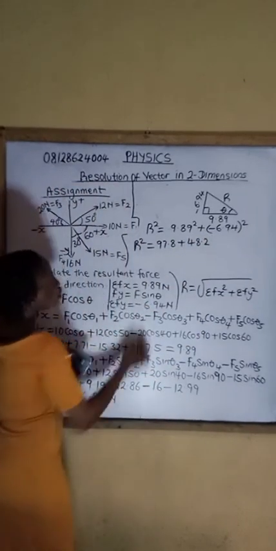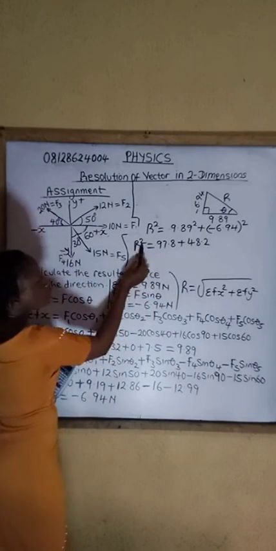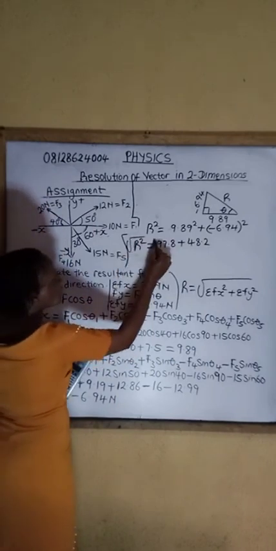So our r will now be equal to, we cancel this square, we are going to square root both sides.